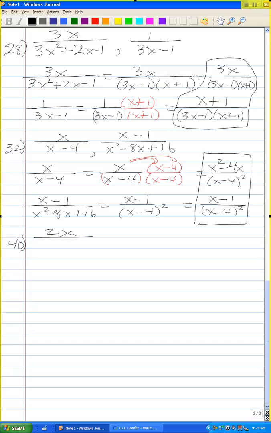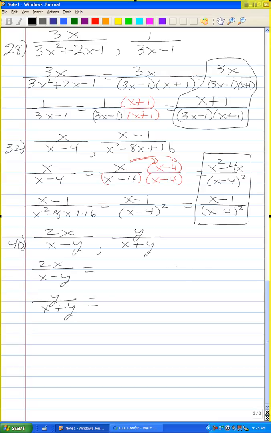2x over x minus y, y over x plus y. Okay, so let's factor. Well, I've already factored. Can't factor that, can't factor this one.